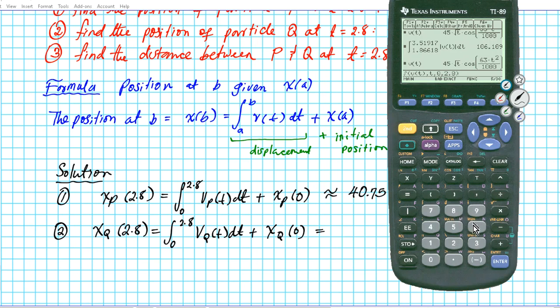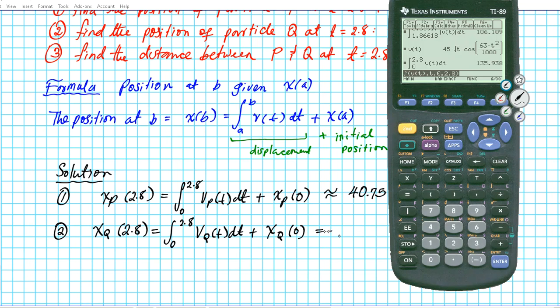Close that. Let's see what it is. It's 135.938.